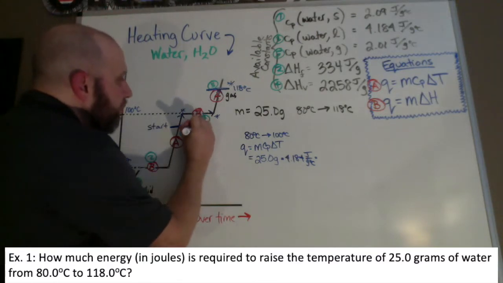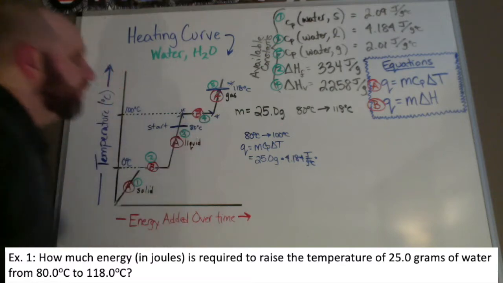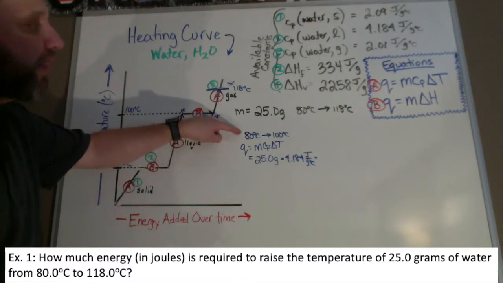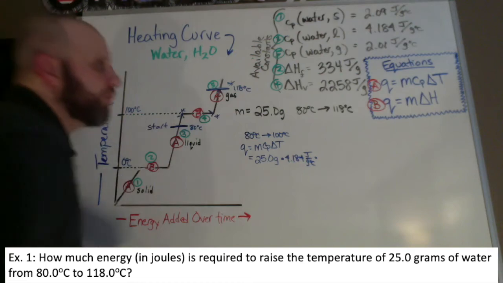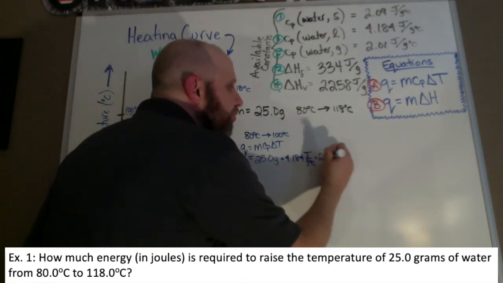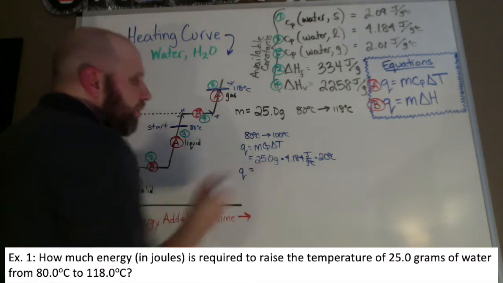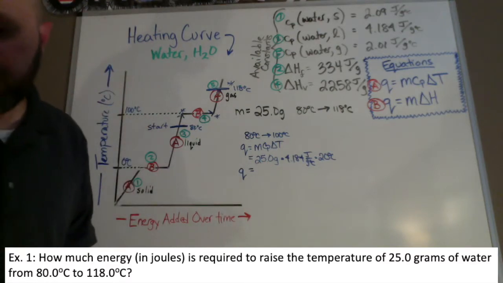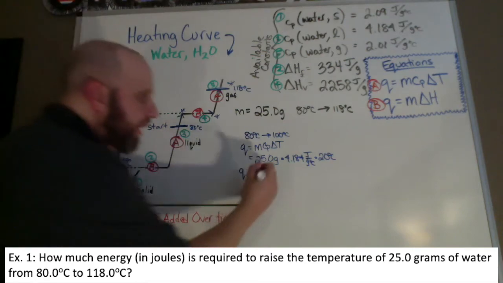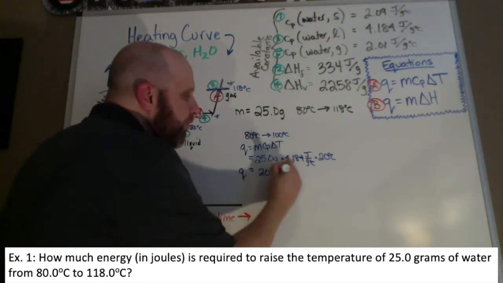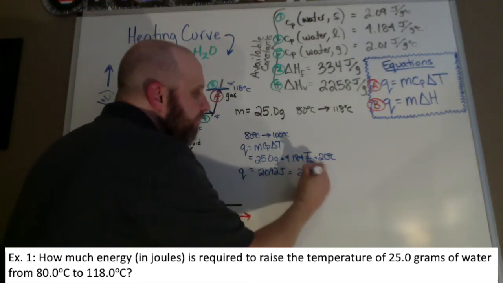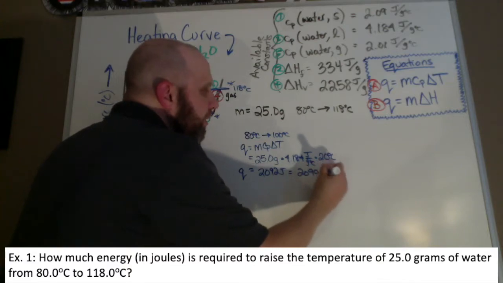So I'm starting, remember, at 80 degrees Celsius. So my change in temperature is 80 up to 100. So a change in temperature of just 20 degrees Celsius. So I calculate what Q is, and magically I already have that done. So it's 2092 joules, but based on significant figures, it's just 2090 joules.